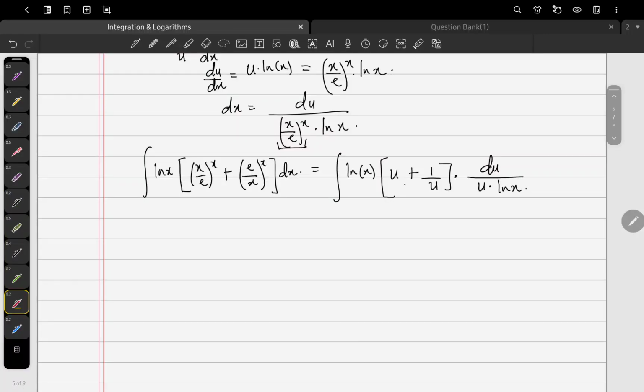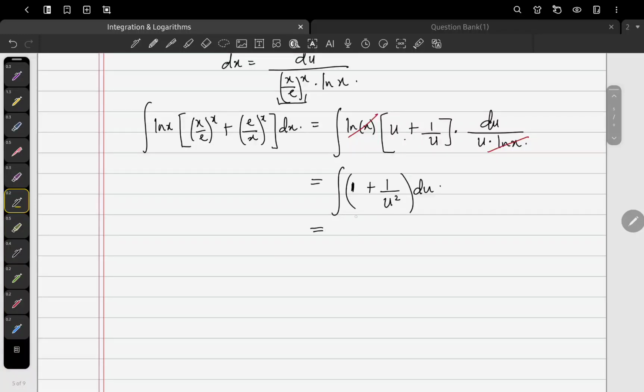And this is where it becomes interesting. All traces of x go away. So we are left with the integral of 1, because when you divide through by u, you get u over u, 1, plus 1 over u squared, du.